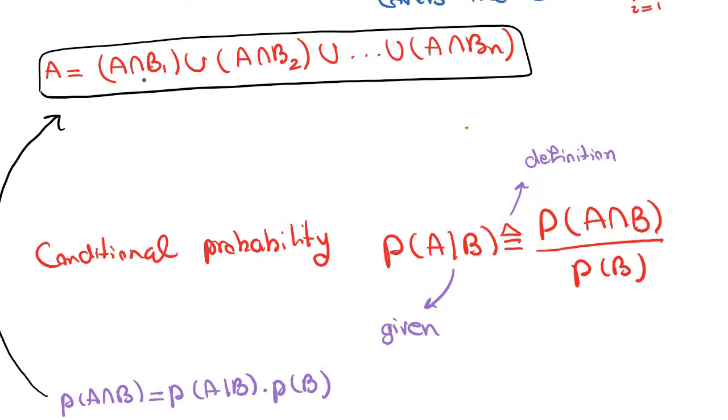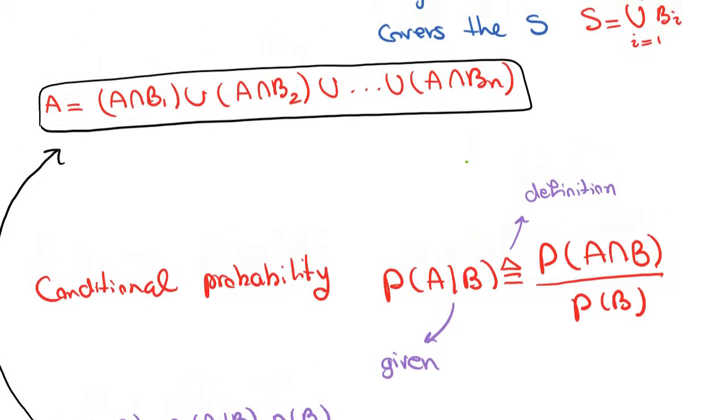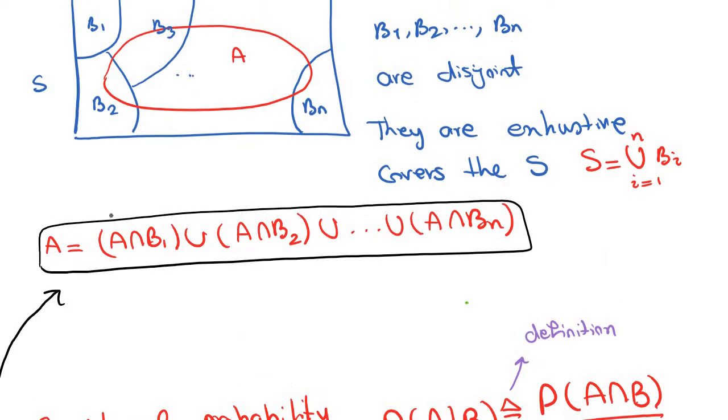As all of these sets 1, 2 to n are disjoint, probability of them will be the summation of them.